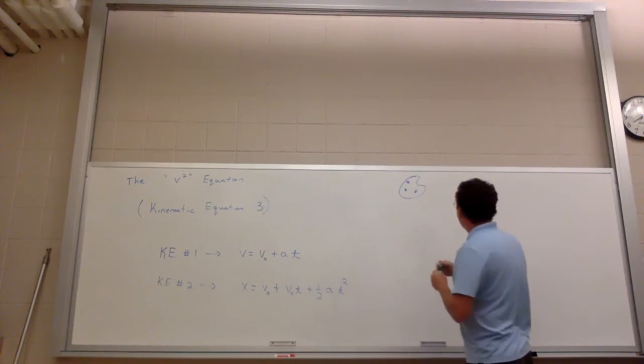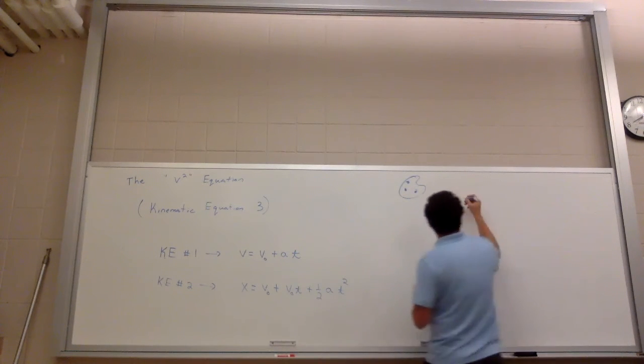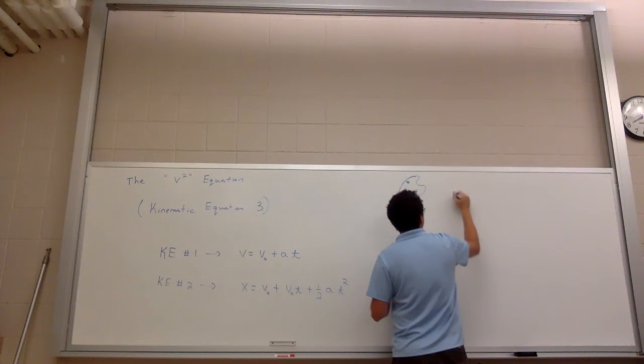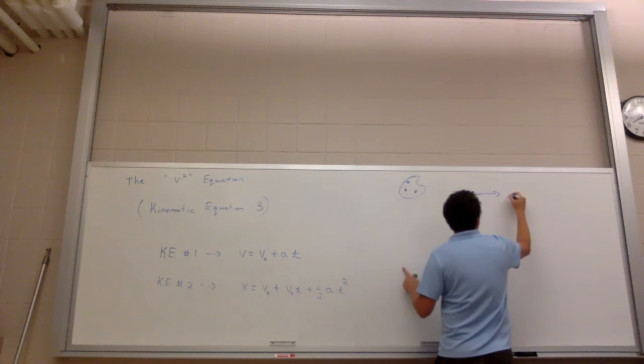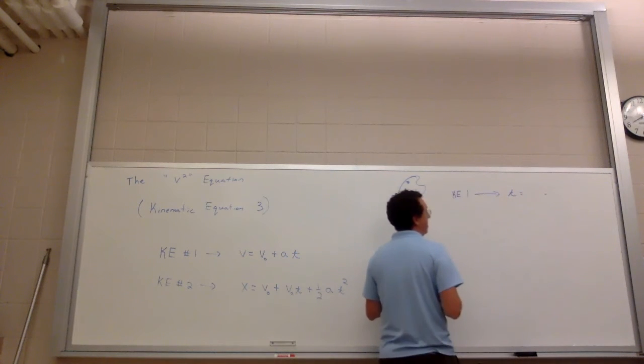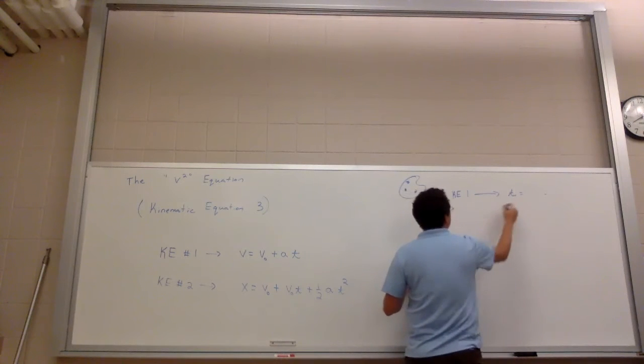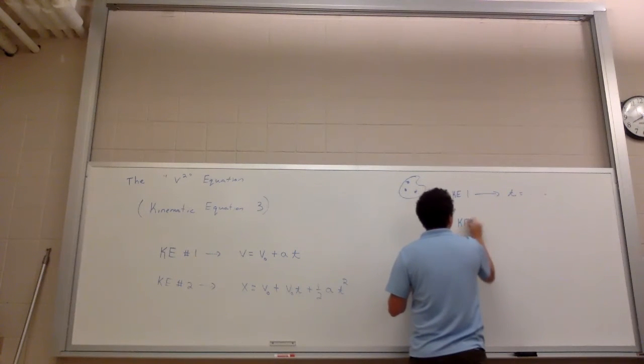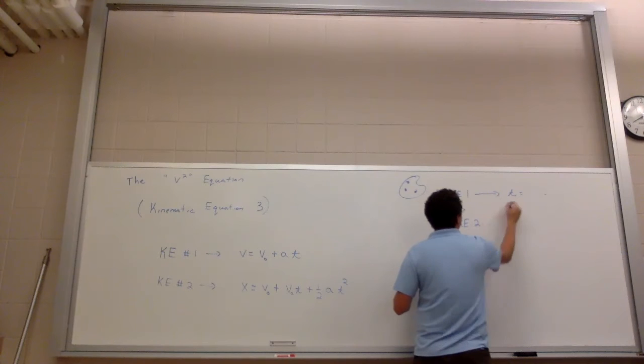So the idea is, we're going to start with kinematic equation number 1, and we're going to solve that to say t equals stuff. And then once we have that, we're going to substitute into kinematic equation number 2.